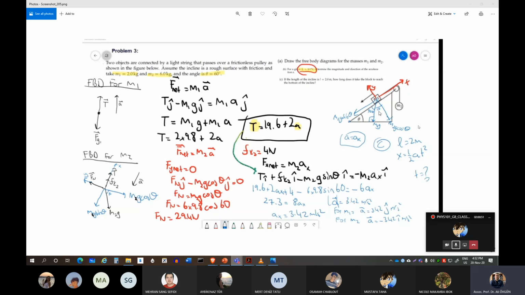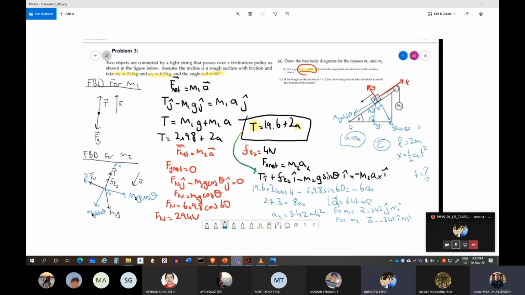If this is the theta, the upper side is 90 minus theta, so the other side, right side, becomes theta. If you look at this theta, the closest one is cosine and the opposite is sine theta. So always for the inclined plane, you must consider like that.